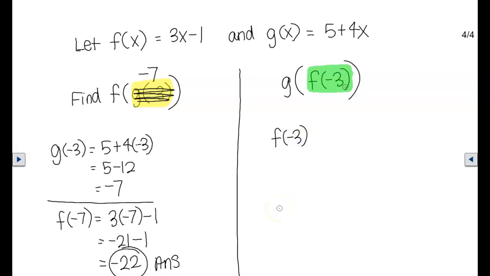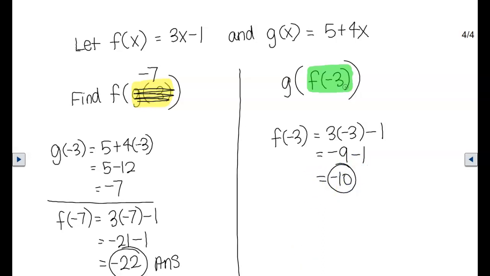Take the function rule named f, 3x minus 1, and input negative 3 for x. So that's going to be 3 times negative 3 minus 1. 3 times negative 3 gives me negative 9, and a negative 9 minus 1 is a negative 10.